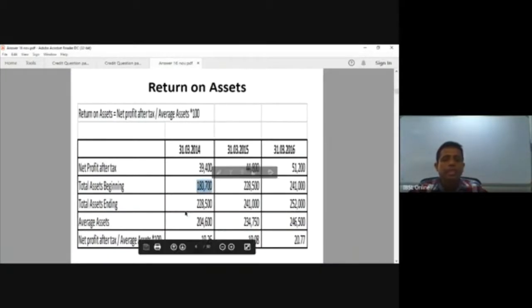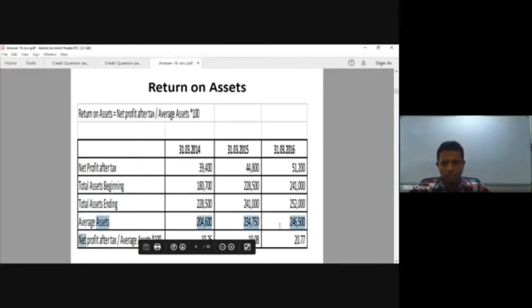I took that here, 180,700. Now, 2015 beginning one is 2014 ending one. Similarly, 2016 beginning total asset figure will be the 2015 ending total asset figure. For individual years, take the total and divide it by 2. Then you have your average total asset figures.